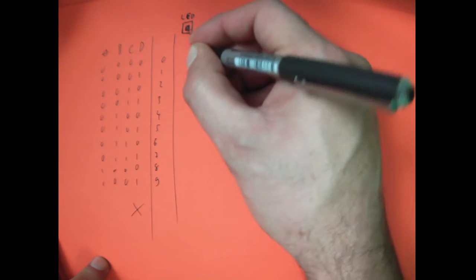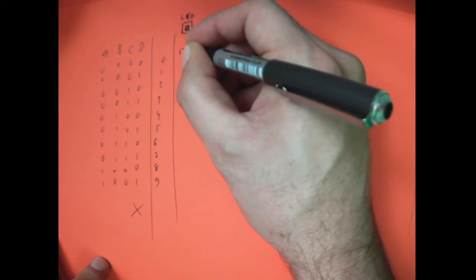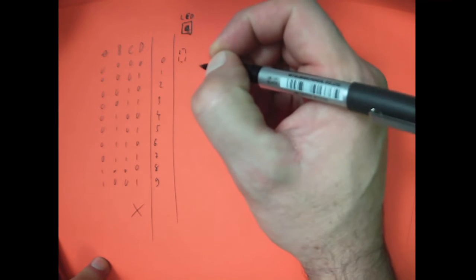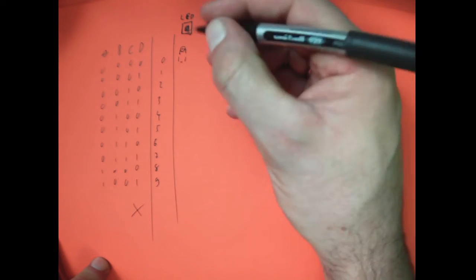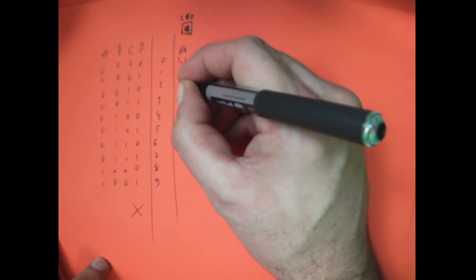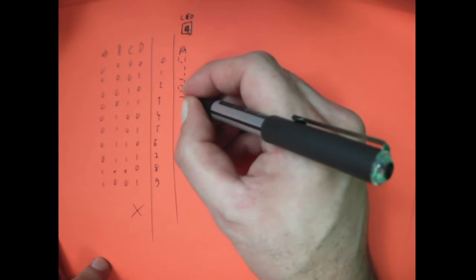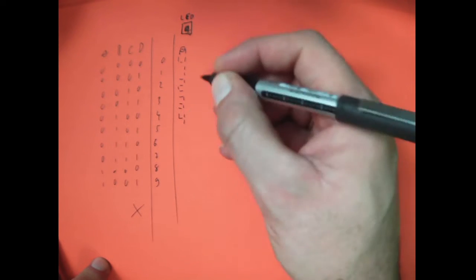If we watch, for example, our 7-segment display, it would look like this, and LED A is this one in our representation. So for 1 it's this, for 2 it's this, for 3 it's this, and for 4, and so on.